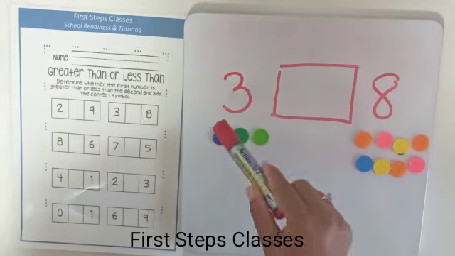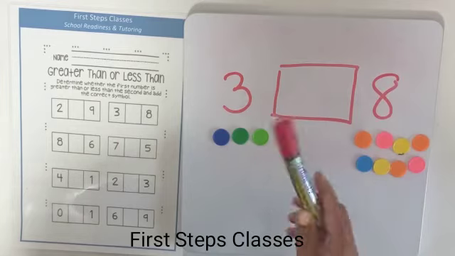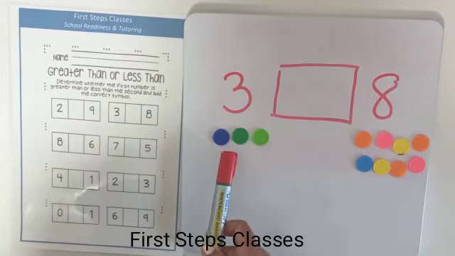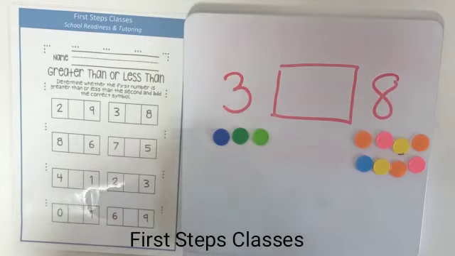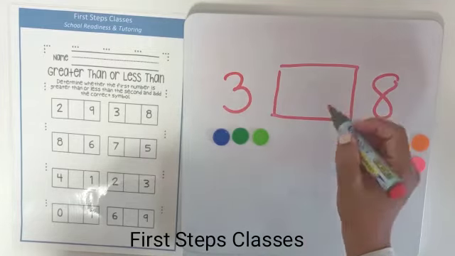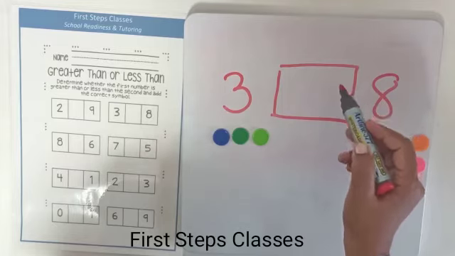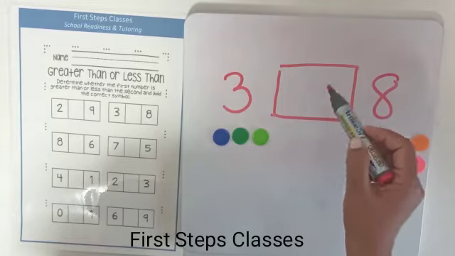Alright, so now looking at these two numbers and looking at the counters, we can say that number 3 is less than number 8 because number 3 has less number of counters and number 8 has more number of counters. So now I'm going to show you how to differentiate and how to put the sign in front of a lesser number.